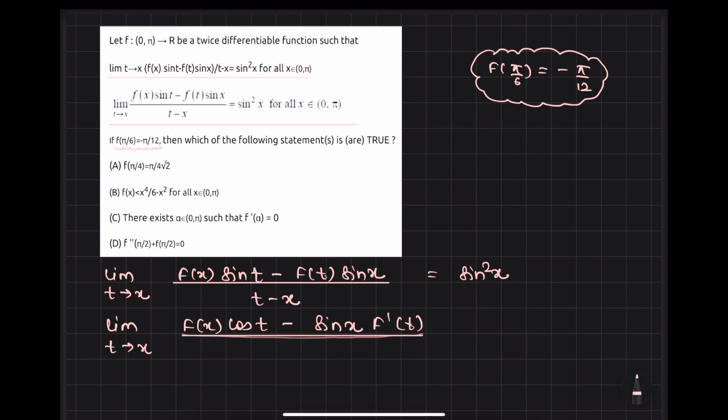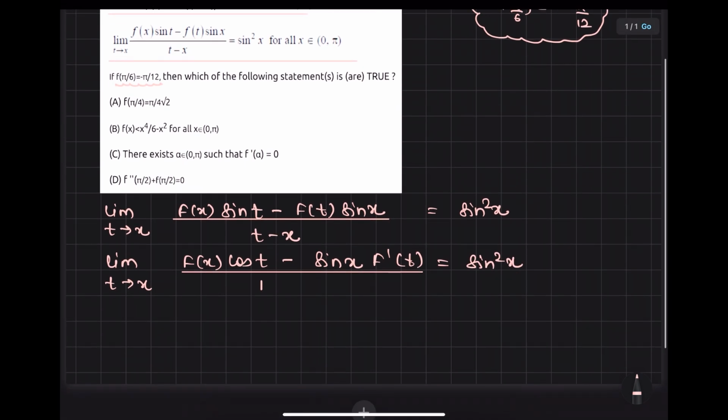Now differentiation of t will become 1, differentiation of x will become 0. So the denominator we got as this. Okay, now look at this. So can I write the whole thing as, and according to them, the limit is sine square x.